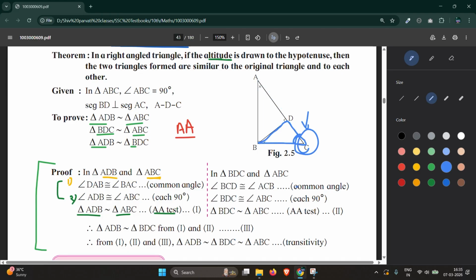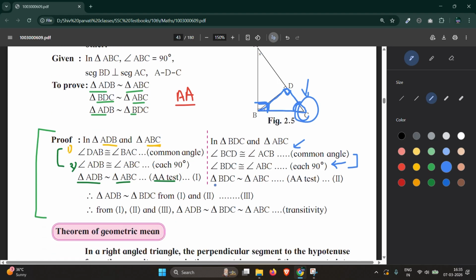So this is one common angle that we got, and this triangle also has a 90-degree angle over here, and our original triangle, the big one, has a 90-degree angle over here. So both of these triangles have a 90-degree angle. So again, since we got two angles that are common between the two triangles, we can use the double A test and say that these two triangles are similar to each other.